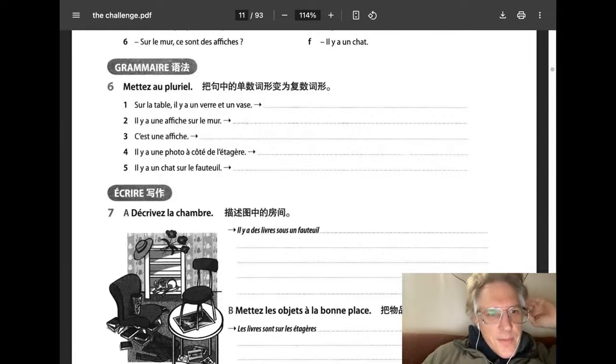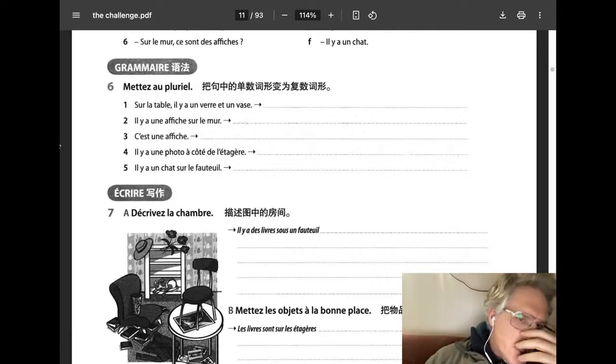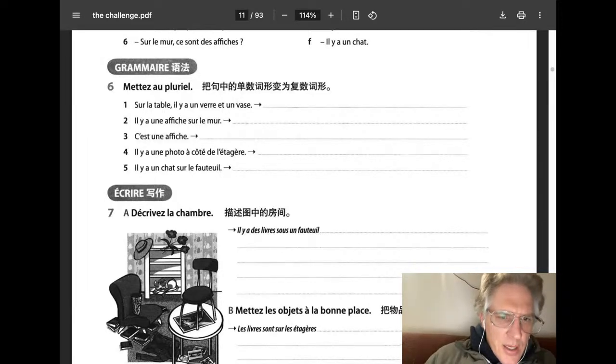It's funny. C'est une affiche. Ce sont. Nice. Ce sont. That's interesting here. Ce sont des affiches. Il y a des photos à côté de. Again, this is like.